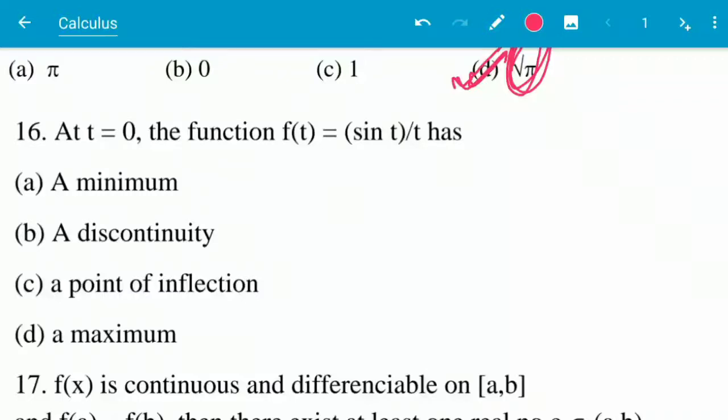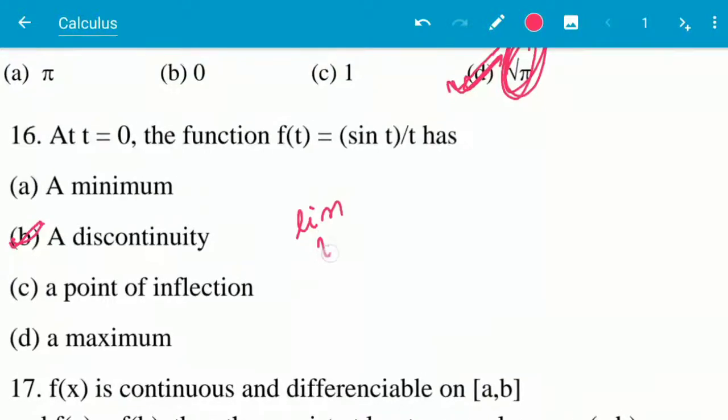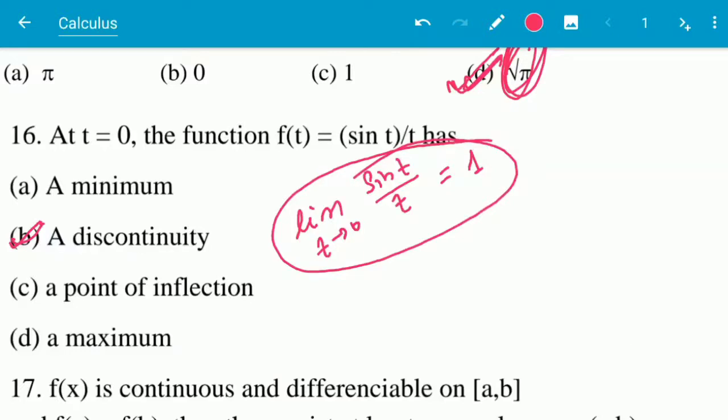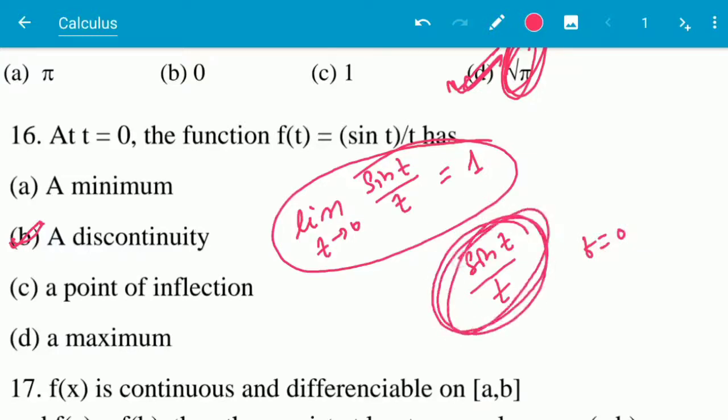This is a discontinuity, because when the limit as t tends to 0, sin t by t is 1, but if we consider the function sin t by t when t is equal to 0, this function does not exist. So at t is equal to 0, this is discontinuous.